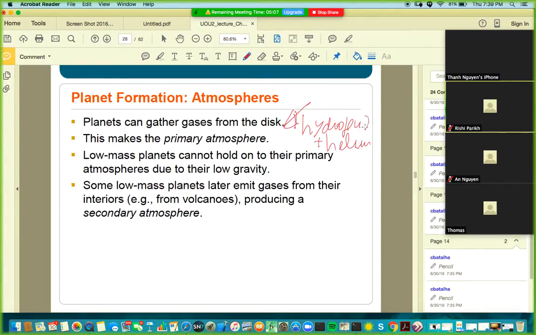So 75% of the universe is hydrogen. You have basically 25% of helium, and the rest is just trace amounts. So when the rocky type planets are formed, they are surrounded by a thin atmosphere of hydrogen and helium, which goes away because of the solar wind.